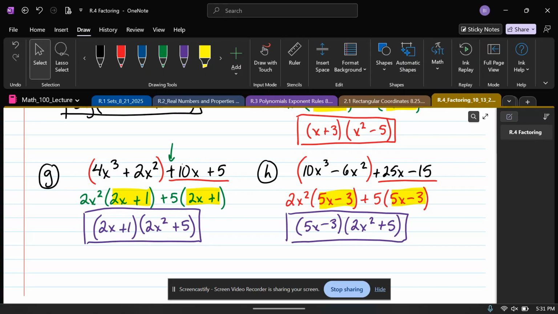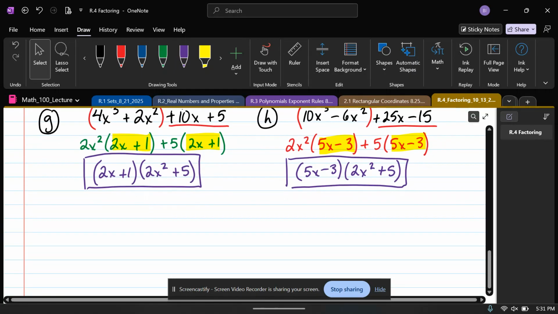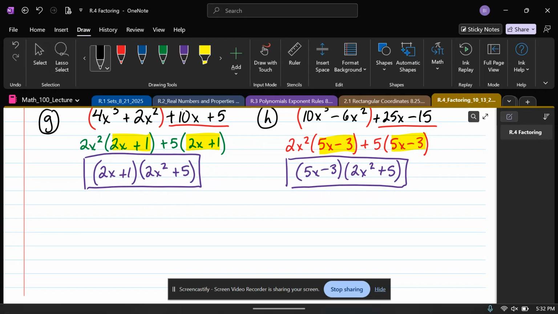Okay. Now, let's do the bridging between grouping and the X method. Okay. Now, I realize that those two middle terms could be combined. Don't combine them.